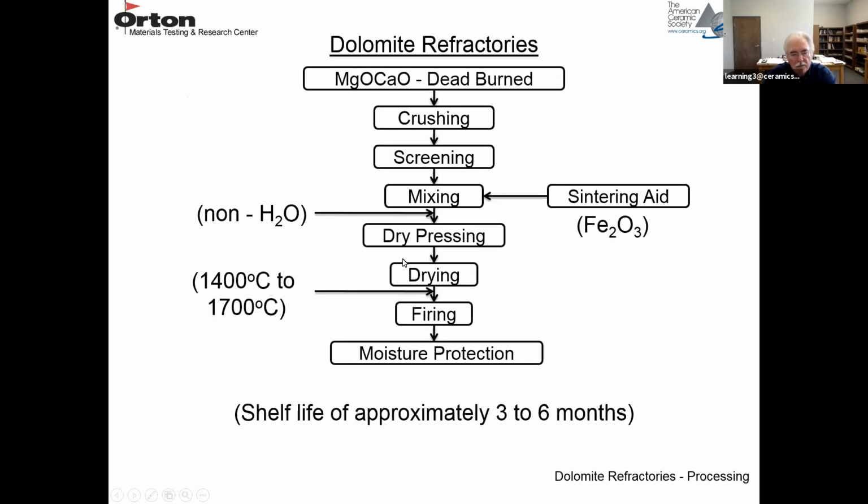So when you process dolomite, you take your dead burn material, MgO-CaO, and again, it's a dry pressing operation, so the material is crushed and screened to produce a particle size distribution for maximum density. You can add Fe2O3 as a sintering aid.